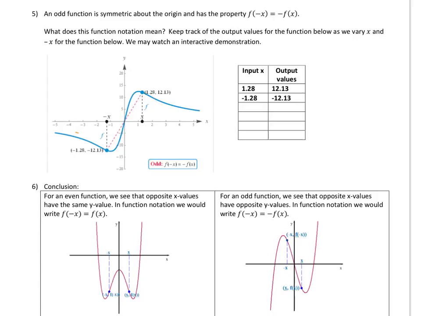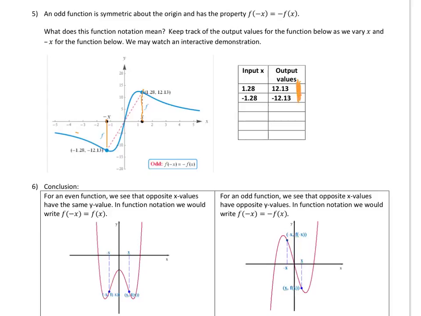Algebraically, the way we see this symmetry is that when you plug in opposite x values, so if you plug in positive 1.28 and negative 1.28, we no longer get the same y value like we did with even symmetry, but we get opposite y values. When I plugged in 1.28, my y value is 12.13. And when I plug in negative 1.28, my y value is negative 12.13.